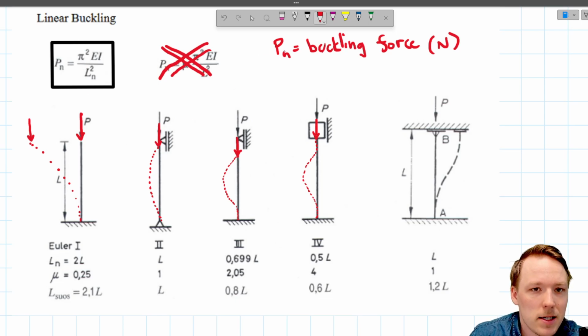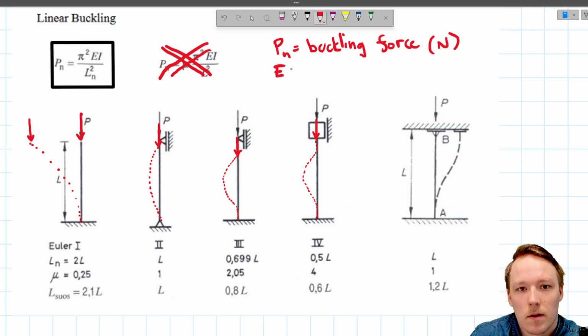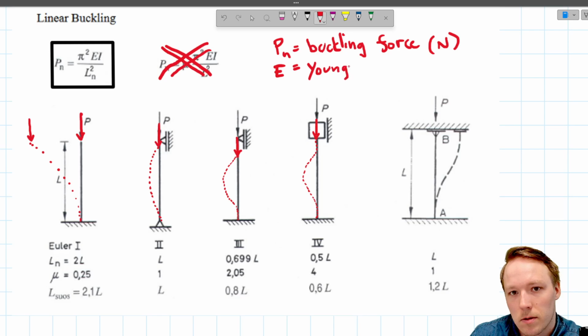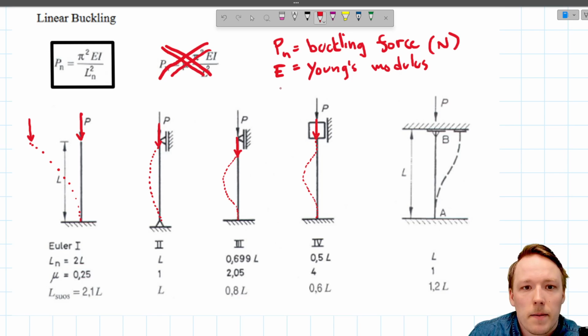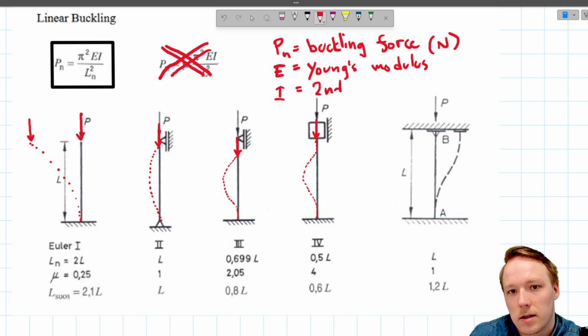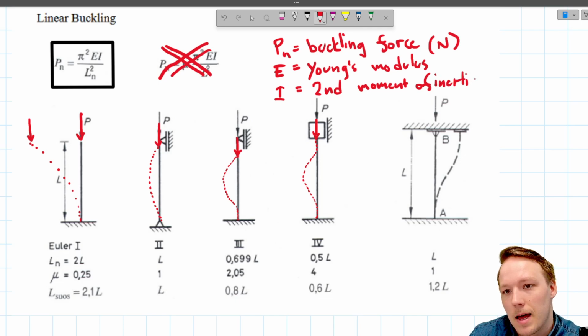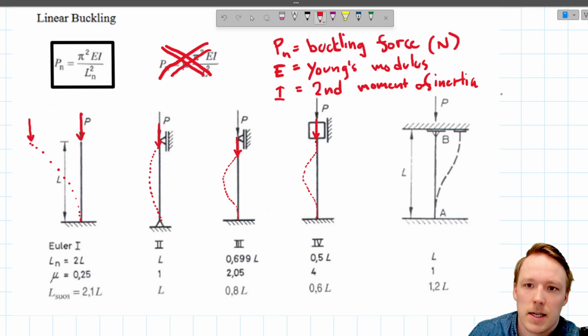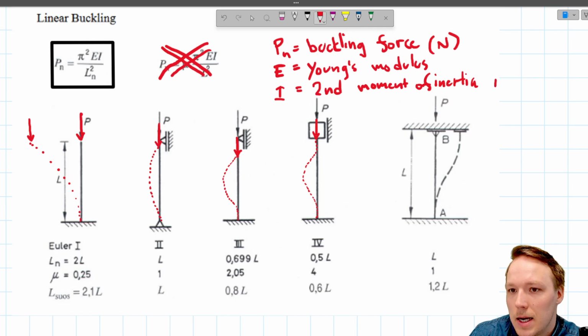Pi, you know what pi is, and then E is the Young's modulus. I is the second moment of inertia, and more specifically, it's the second moment of inertia in bending.